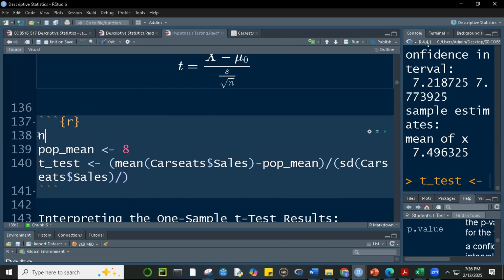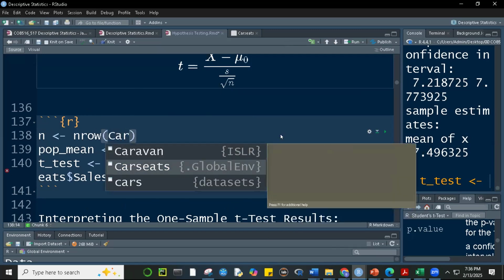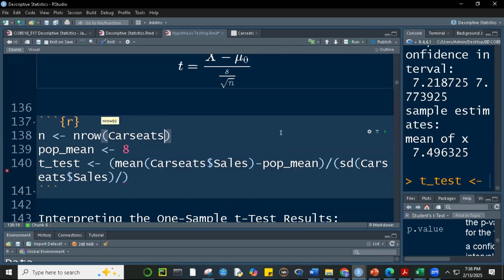I'm creating this object called n, alt minus. And n is the length, or nrow, number of rows of your car seats. How many rows does the object car seats have?